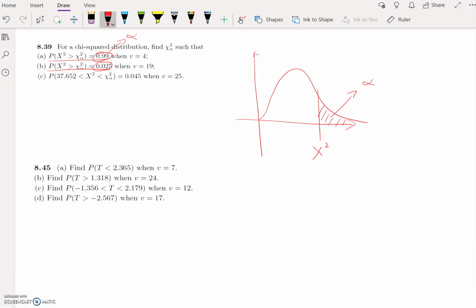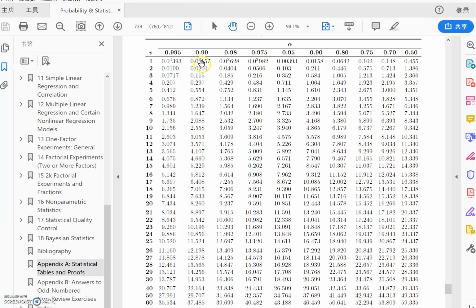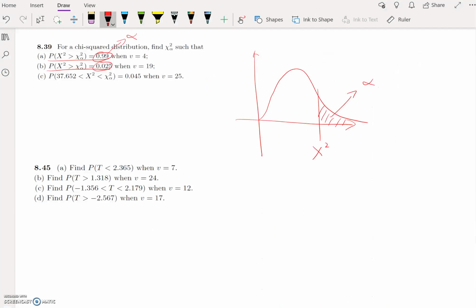For the first problem, it's 0.99 when the degree of freedom is 4. So it's 0.297. Problem A is 0.297. That's the value for x alpha square.